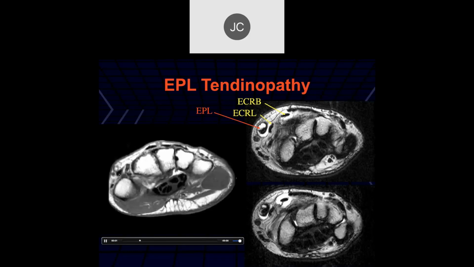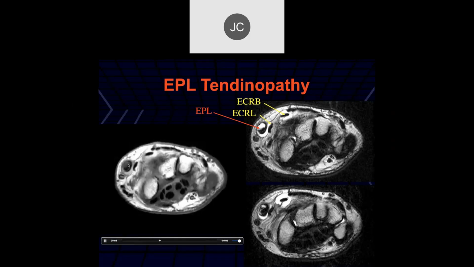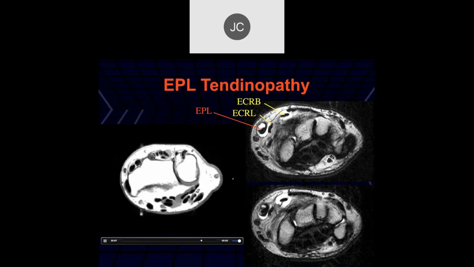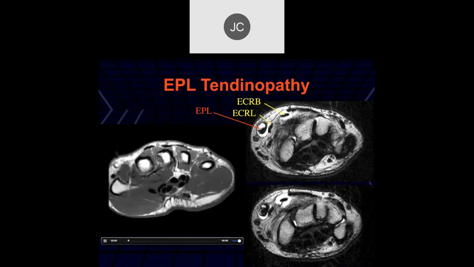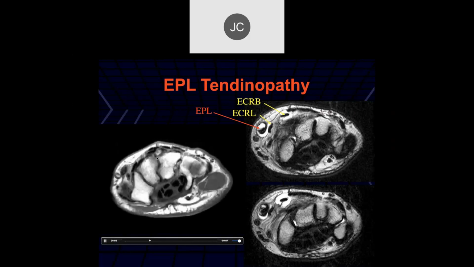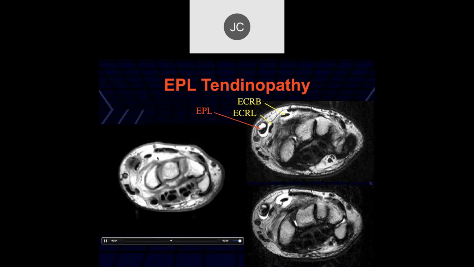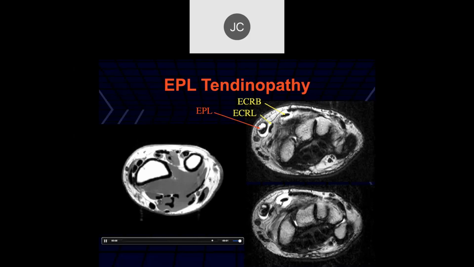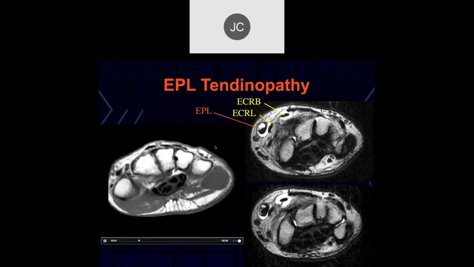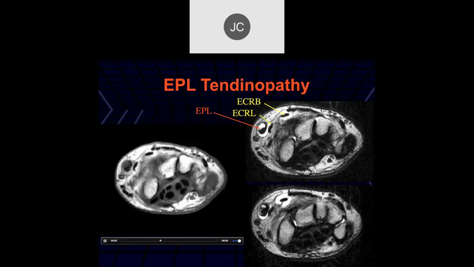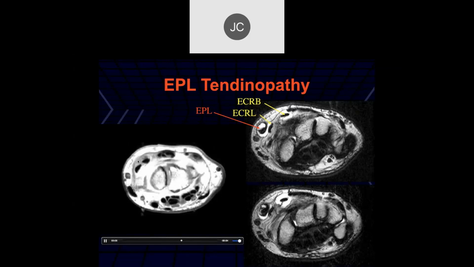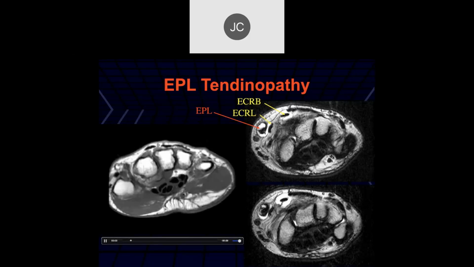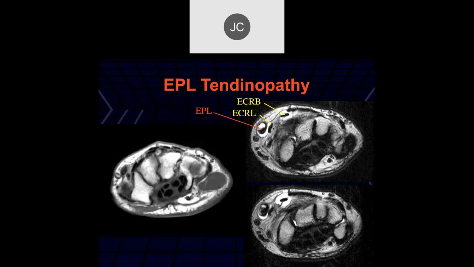So let's start again distally, and this is the extensor pollicis longus tendon. Notice how thickened and increased in signal intensity it gets. Then it goes by Lister's tubercle into the third extensor compartment. So this would be a distal intersection syndrome, but primarily a high-grade partial tear of the extensor pollicis longus tendon here with some tenosynovitis of the extensor carpi tendons.